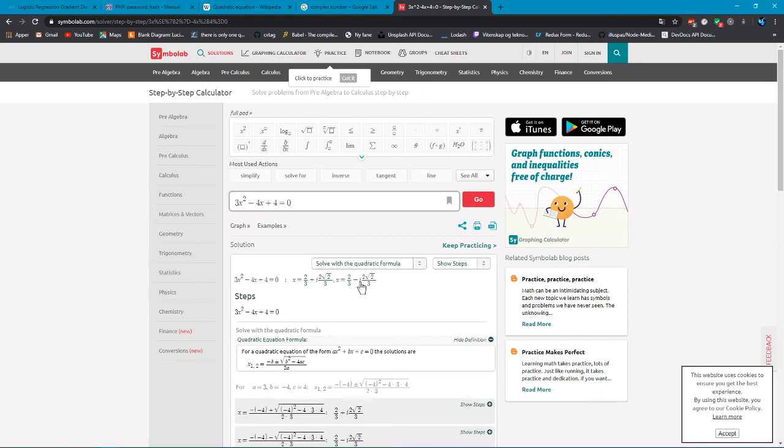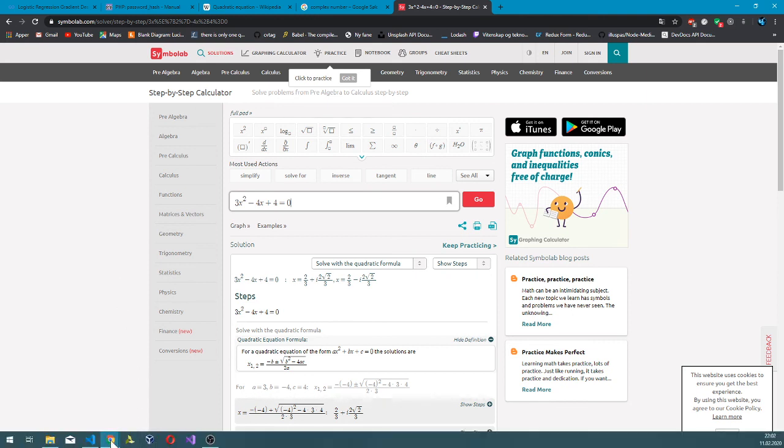The I means this is complex, so we can replace I with something. If we have I to the power of 2, that means we have minus 1.